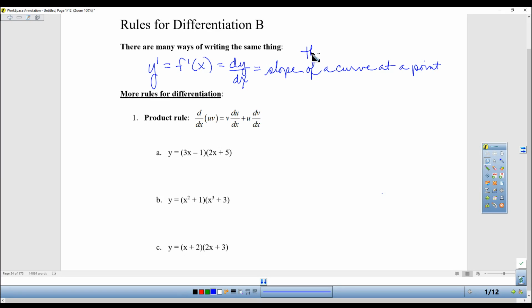Or you might want to think of it as the formula for the slope of a curve at a point. But when you think derivative, you should be thinking slope. That's what it's telling you.